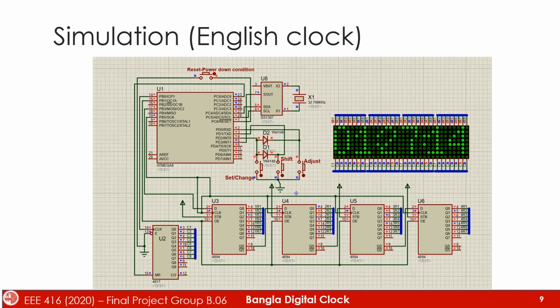Hello. Now I'm going to demonstrate the project in real time. We can see a DS1307 real-time clock that passes the clock information of my device, that is my PC, to the ATMEGA8 microcontroller, as we are using the common column cathode to display the digits in the dot matrix LED.